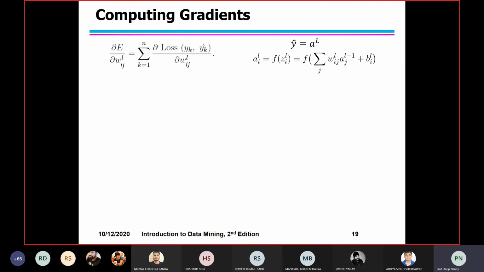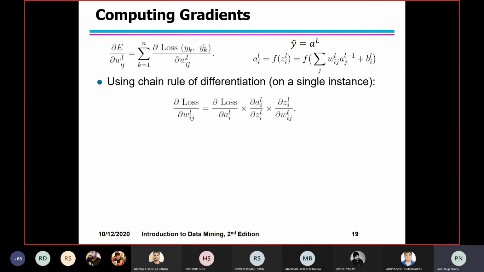Now for computing the gradient, you just do the differentiation. It is a process of how it comes about. There is a derivation, and I can share the PPT so you can go through it.